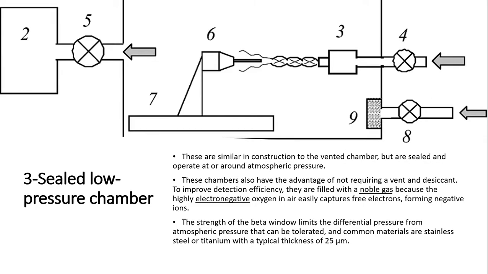To improve detection efficiency, they are filled with a noble gas, because the highly electronegative oxygen in air easily captures free electrons, forming negative ions. The strength of the beta window limits the differential pressure from atmospheric pressure that can be tolerated, and common materials are stainless steel or titanium with a typical thickness of 25 micrometers.